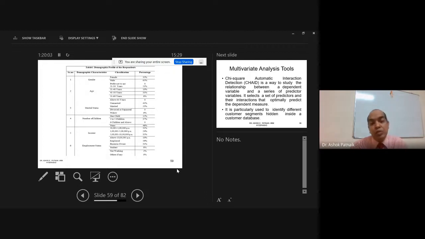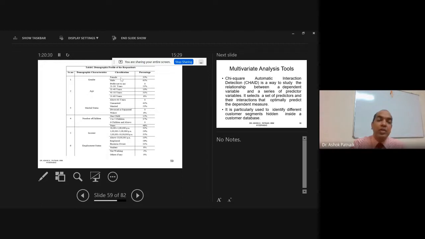So I'll say you do a single analysis table, which will also help you when you do the cross analysis table, right? And this is what I suggest. All the demographic items, you try to put them in a single table: gender, age, marital status, number of children, income, employment status. All these things you put in one table.